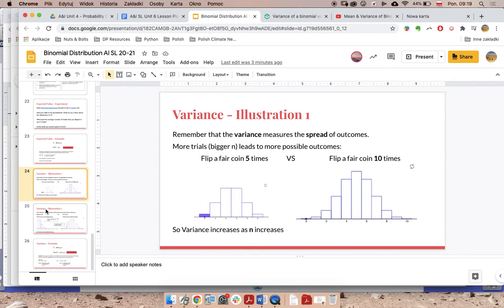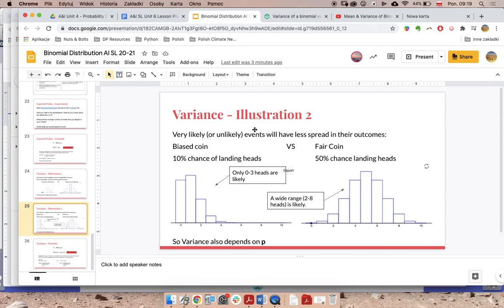Another factor that affects the variance is the probability of success, p. Consider on the left, a coin that has only a 10% chance of landing heads. Most of the time it isn't going to land heads, it's going to land tails. So if you're counting how many times it lands heads, you would expect to get only 0, 1, 2, or 3, a small number of successes.